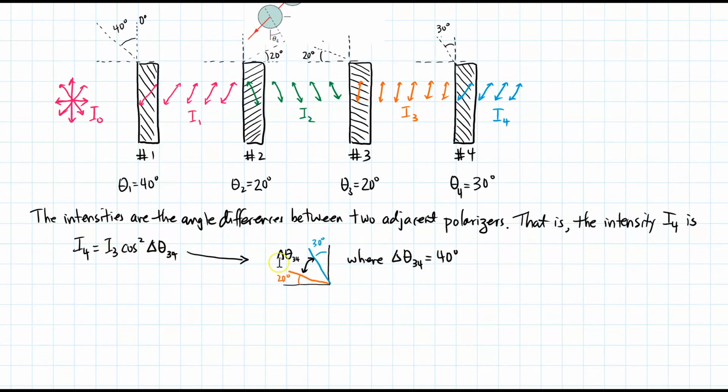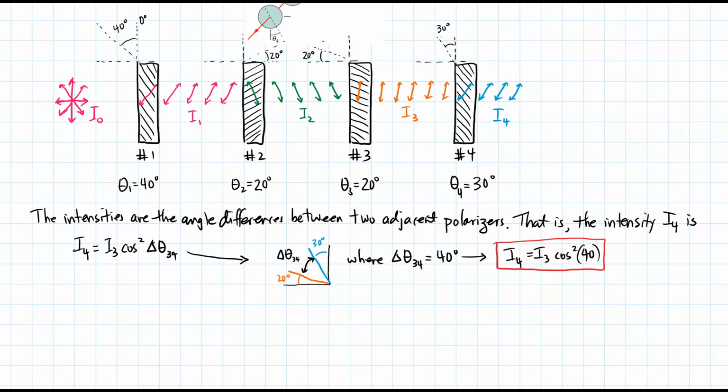So this delta theta 3,4: if I look at the fourth polarizer at 30 degrees and the third polarizer at 20 degrees, then that means that difference must be 40 degrees. So now I have intensity I4 as I3 times cosine squared of 40 degrees.